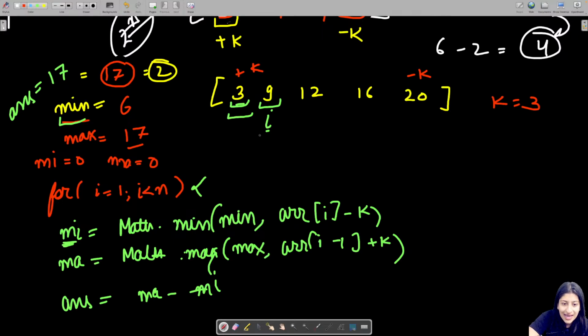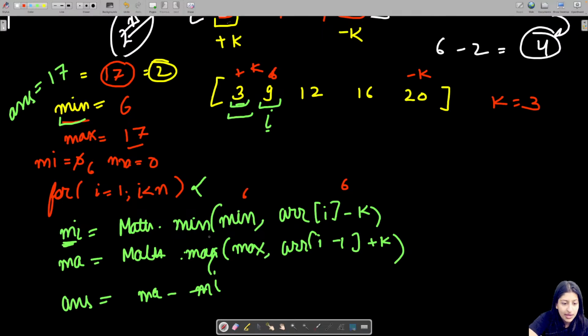If you reduce 9 by k, which is 3, this value becomes 6 and your minimum is 6. So mi still becomes 6. The min of this min value and ARR of i minus k, both are 6, so it will stay 6.